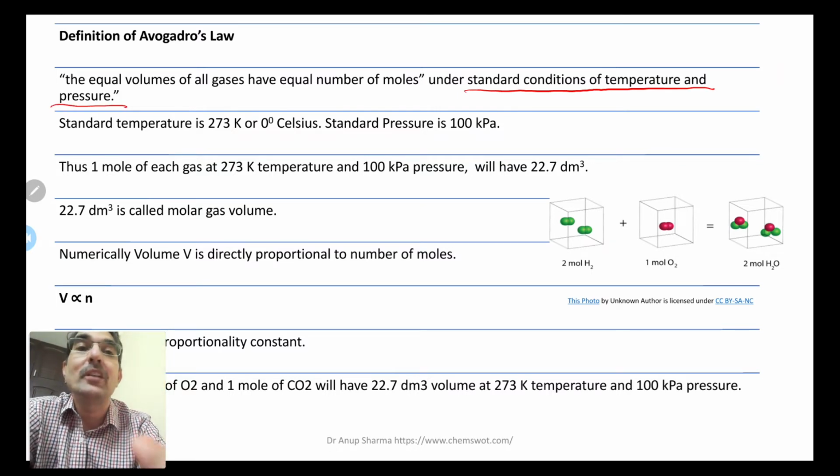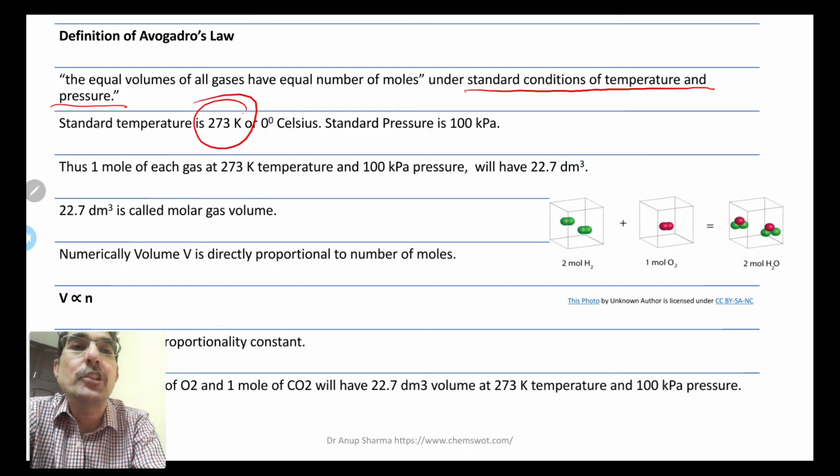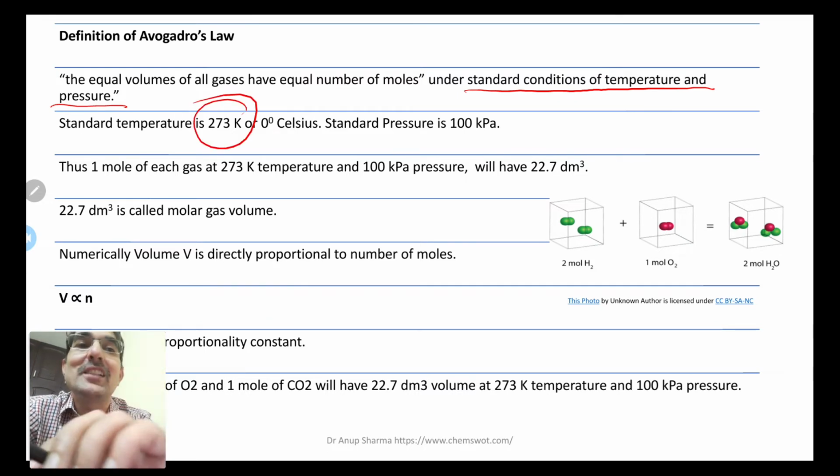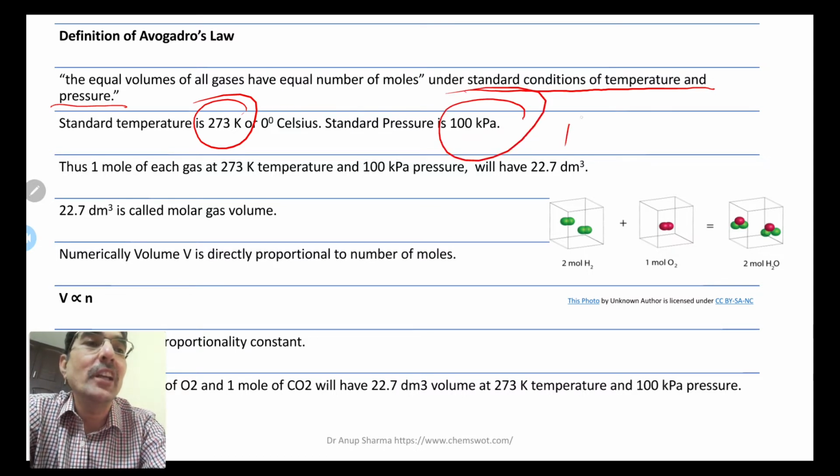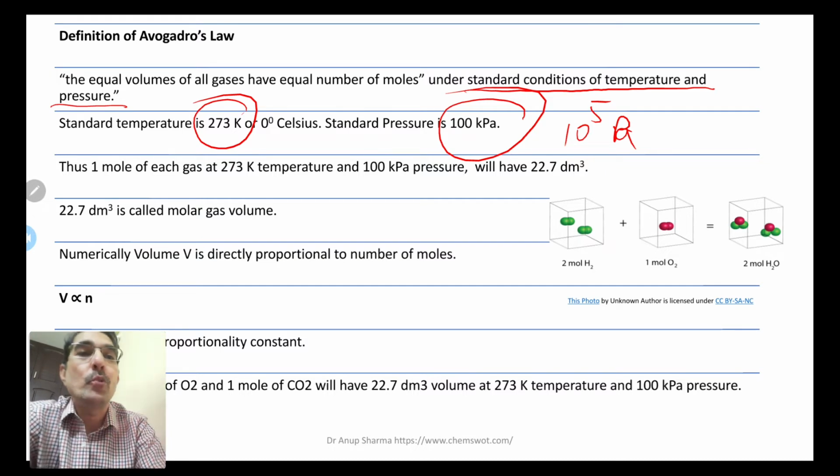That is very important. Now what is standard temperature? Standard temperature is 273 Kelvin or 0 degree Celsius, and standard pressure is 100 kilopascal, or you can say 10 to the power 5 Pascal, which is one and the same thing, but you need to take care of units according to the question.